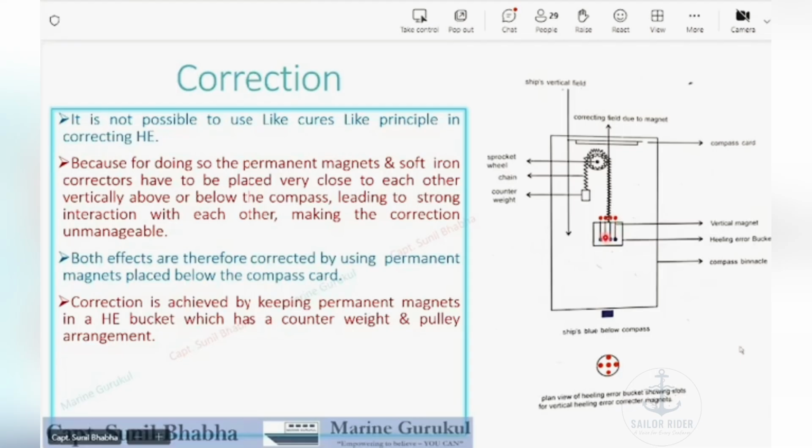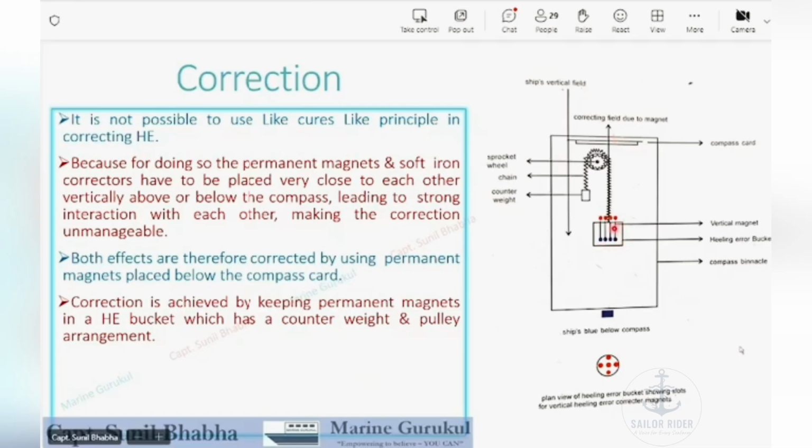The magnets are placed in such a way that the corrector end should be closer to the compass card. In this particular example, we had a blue pole of the ship which was affecting the compass. So we have placed the permanent magnets in such a way that their red pole is closer to the compass card, thus correcting the heeling error. So this is the heeling error bucket.